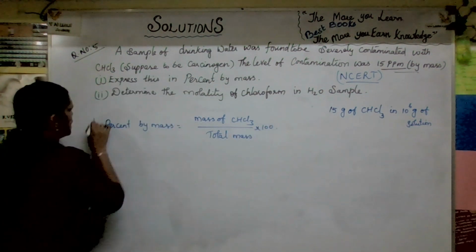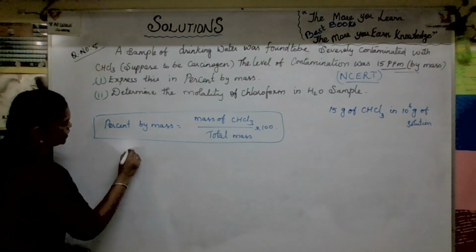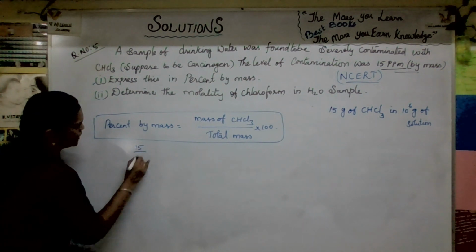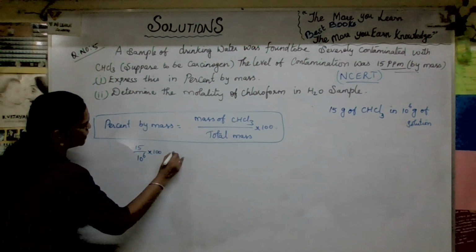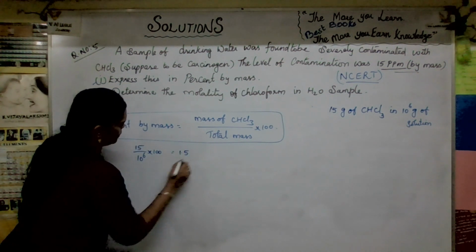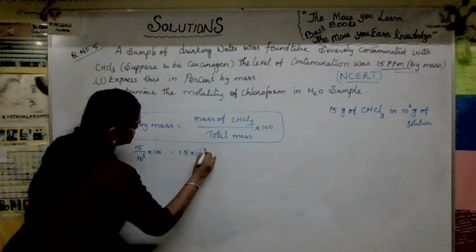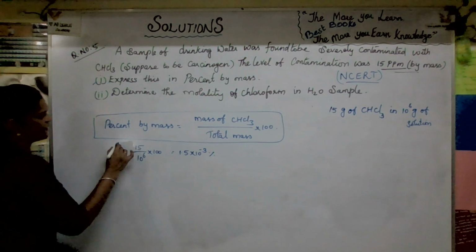This is the formula. Okay, now the first one. So here mass 15 divided by 10 to the power of 6 into 100. Right? Now, how much you will get? 1.5 into 10 to the power of minus 4. What it is? Percentage. Yes, we can take this one.